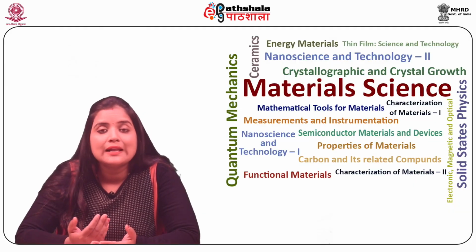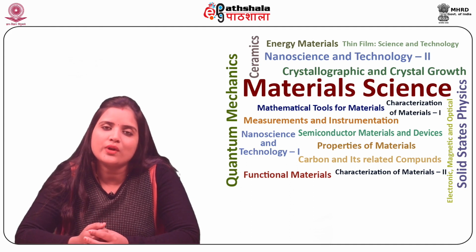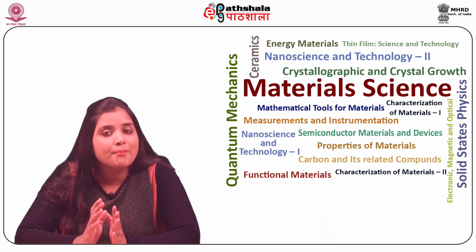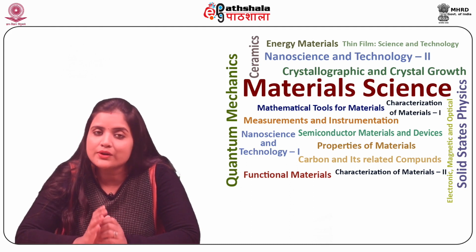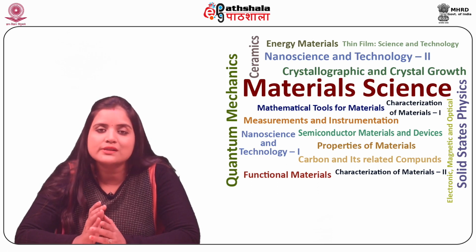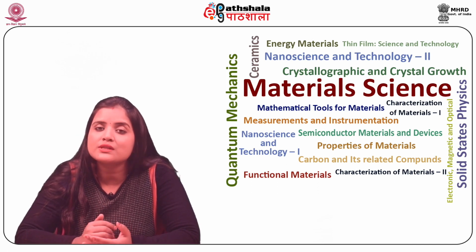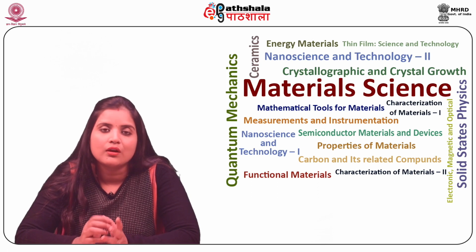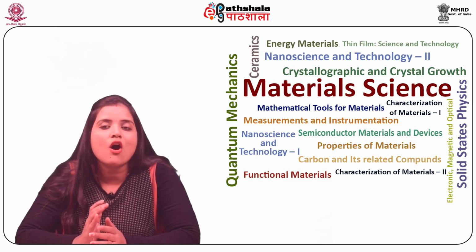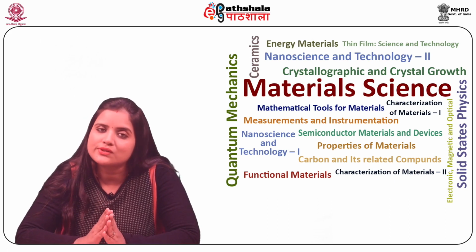So students, let us summarize what we have learned in this module. In this module, the principle of fluorescence microscope was described. Epifluorescence microscopy was discussed in detail. Then the various types of immunofluorescence were studied.